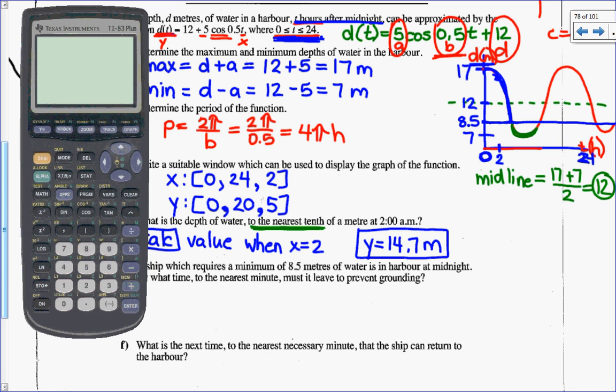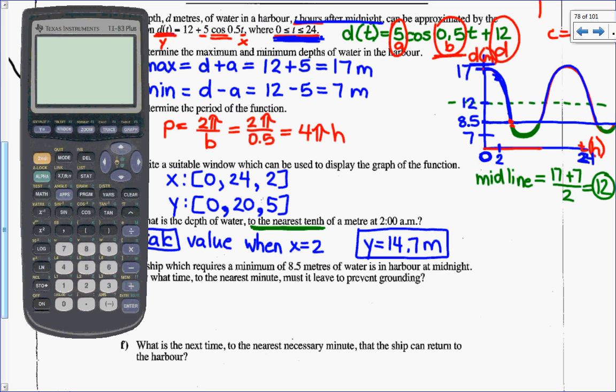You would run aground here, where the depth of the water is less than 8, but then once the tide comes back in and the water level is again above 8, your ship is okay in this whole section here. But then again, when the tide goes out and your water level is below 8.5 meters, your ship would again get grounded. So this question is asking, what is the point to the nearest minute that this ship has to leave in order for it not to hit this point, just below 8.5 meters, or that ship is grounded?